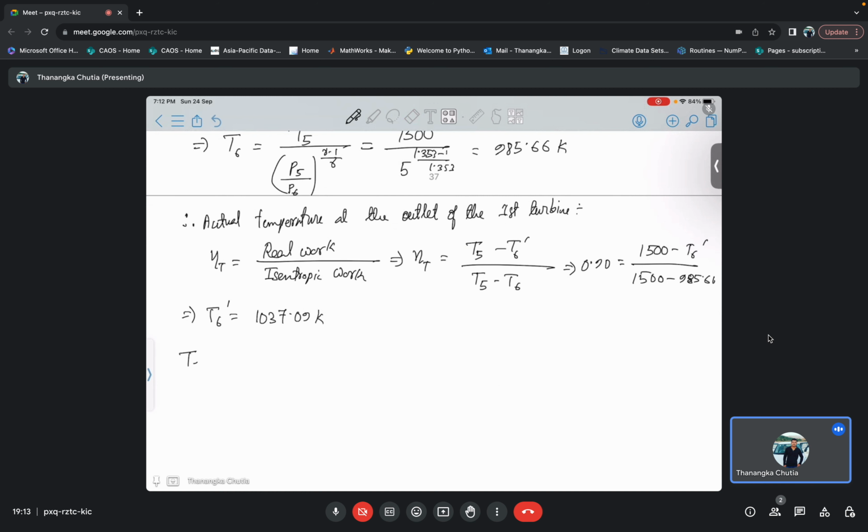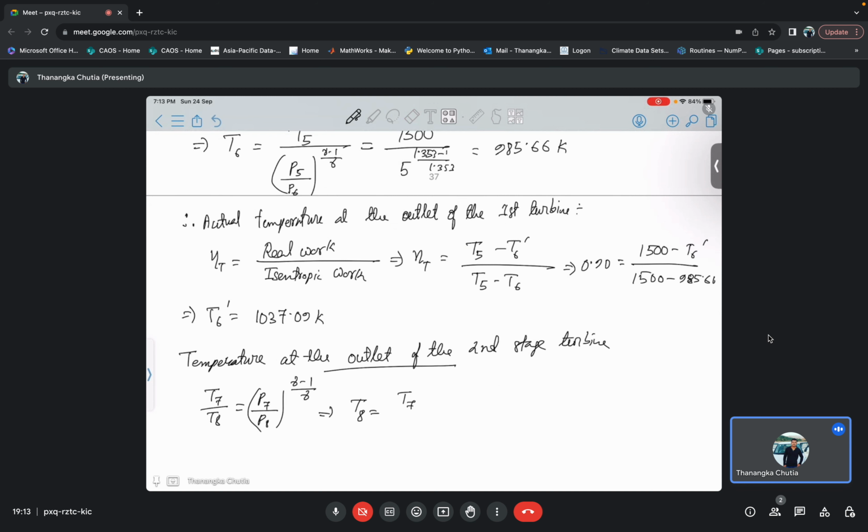Next again, the temperature at the outlet of the second stage turbine. So T7 divided by T8 is equal to P7 divided by P8 to the power gamma minus 1 divided by gamma, and from here T8 is nothing but T7 divided by P7 by P8 to the power gamma minus 1 by gamma.